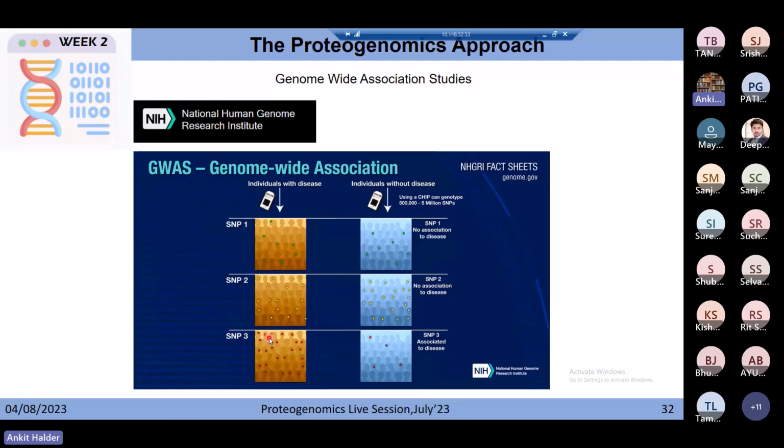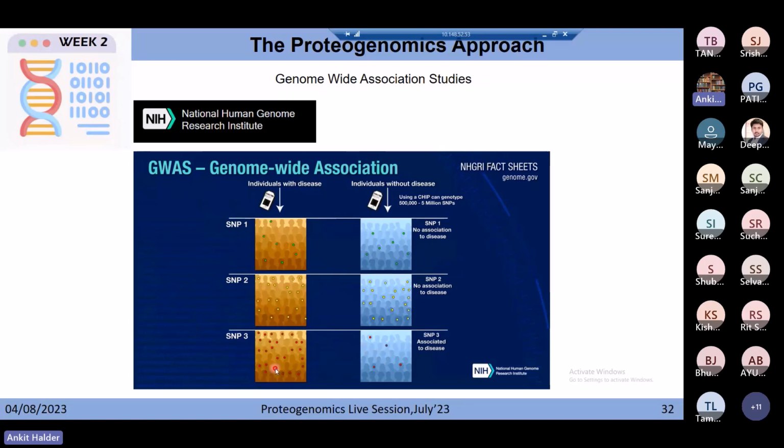And here SNP3 is the disease-causing SNP. In these individuals you can find that this SNP is maximum in the disease population. This SNP is found the most, which shows that there is some association of this particular SNP with the disease, as it is found in the majority of those individuals, and it is also found in some of the individuals in the no-disease group. But there it is causing no effect, but here it is causing effect.